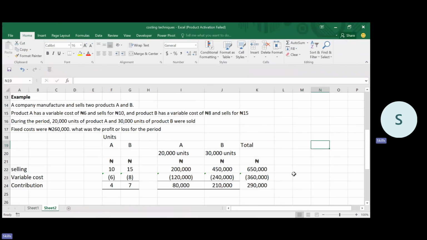Now we want to determine the profit. Now we know the contribution. The contribution per unit for product A and B, we know for A to be 4 naira, for B to be 7 naira. And when A is sold, the contribution will be 80,000 naira. And when 30,000 units of B is sold, the total contribution will be 210,000.